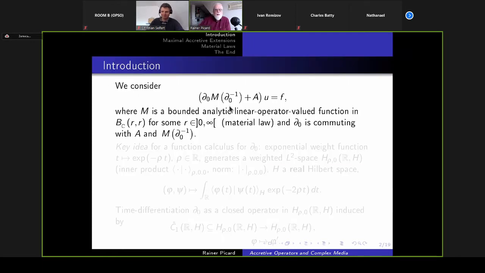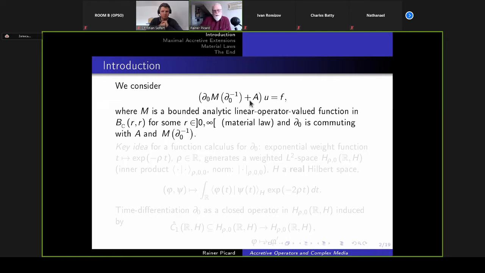I want to consider these types of equations. So the D0 is my notation for the time derivative. Then there is some extra term here, which I usually like to refer to as material law, and an operator A. Here M is a bounded analytic linear operator valued function in a ball around a real point R on the real positive axis with radius R. So it's a ball sitting on the real line and touching the origin from the right.